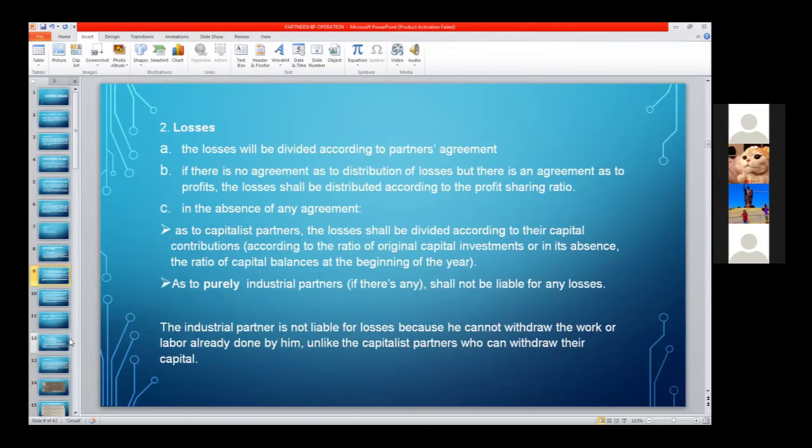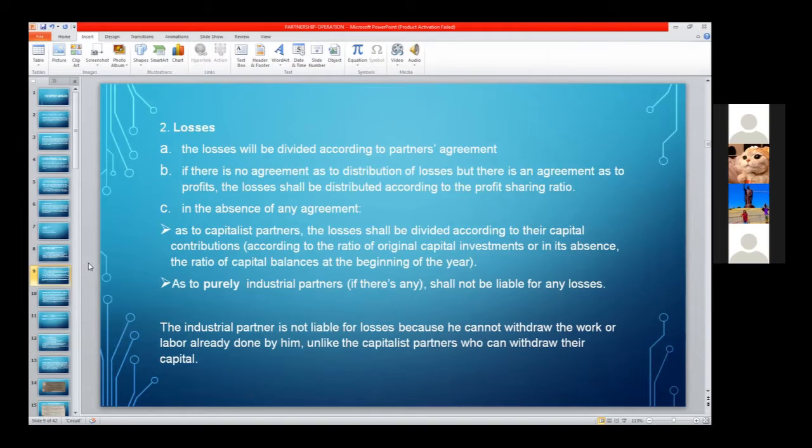Now, dito naman tayo sa losses. Siyempre, based sa agreement, and kung wala naman kayong napag-usapan sa hatian ng losses, kasi profit lang ang napag-usapan, ang mangyayari dyan, kung ano yung profit sharing ratio nyo, ganun na din yung hatian nyo sa losses.